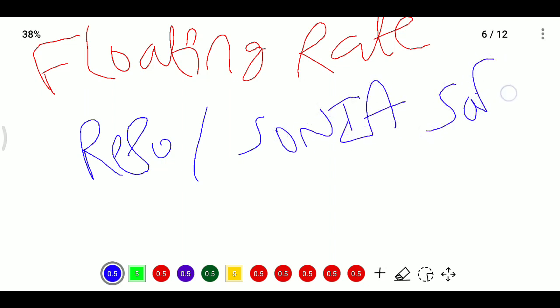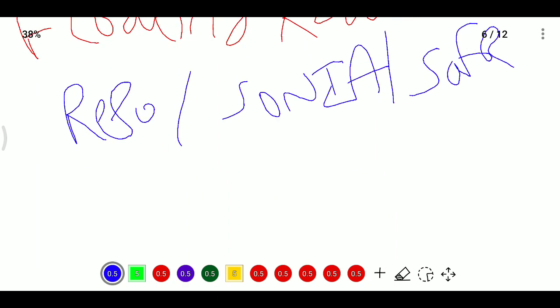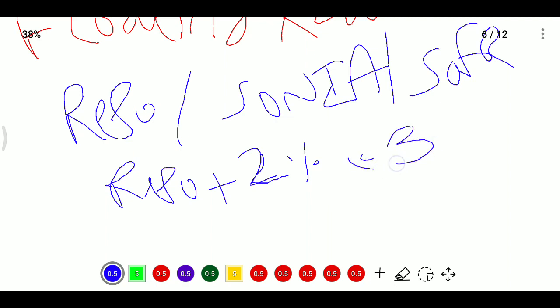So for example, if an issuer like Reliance says we will pay interest based on repo plus 2%, repo plus 3%, etc. Say the repo rate is 6%. Then 6% plus 2% means 8% interest will be payable.